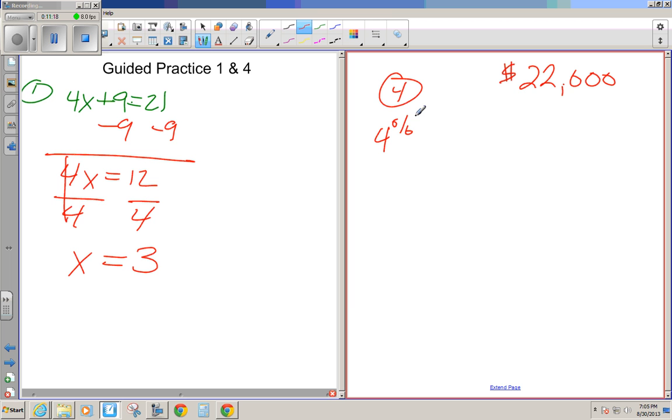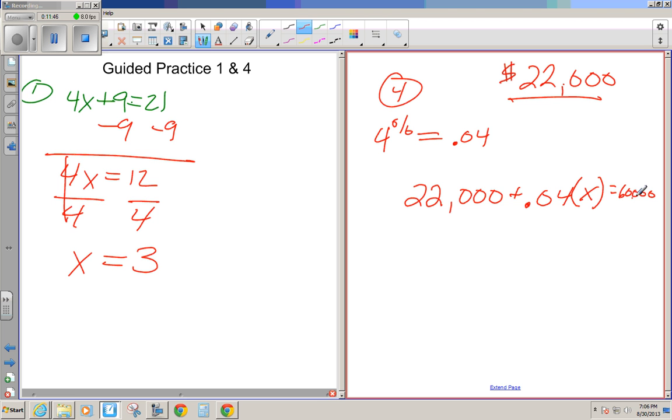How much must the agent sell to earn $60,000? So, base salary means no matter what, if he doesn't sell a single house, he makes $22,000, plus 4% of some number equals $60,000.